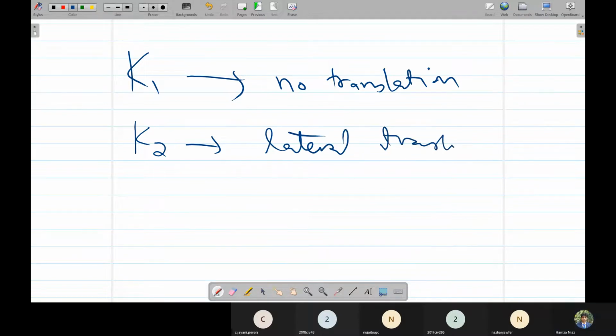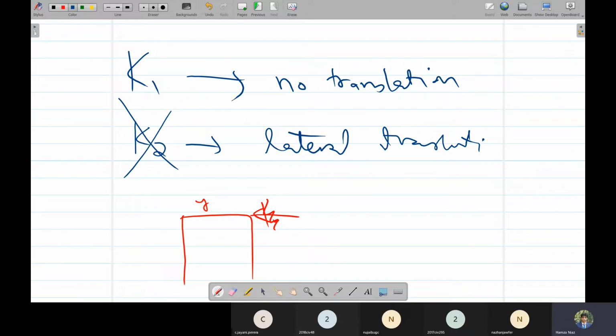So if they are saying that the beam is braced about y direction, this is y direction, and there is some bracing in this direction, then there is no lateral translation. So if there is no lateral translation, that means this k2 would be 0.